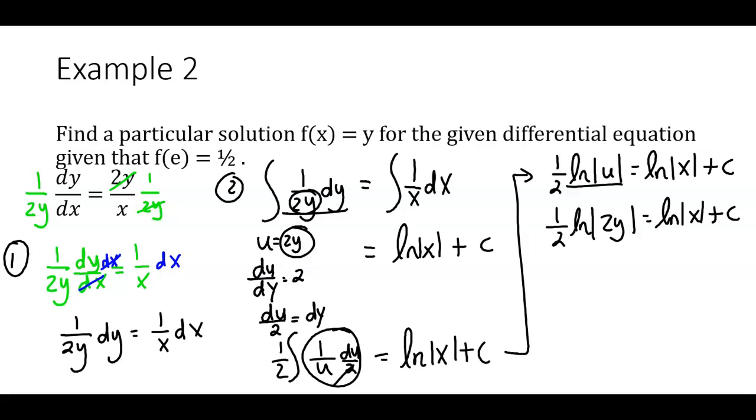All right, let's go ahead and move on to the next step, which is where we plug numbers in now to find our c value. So I'm going to be plugging in 1/2 for the y and e for the x.